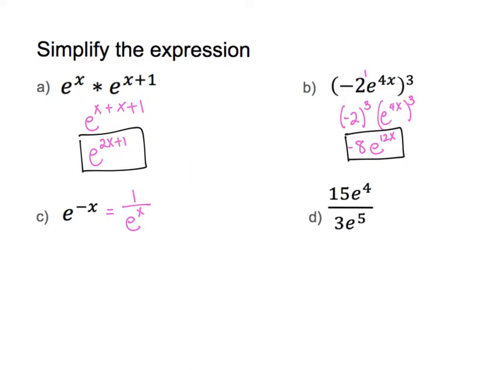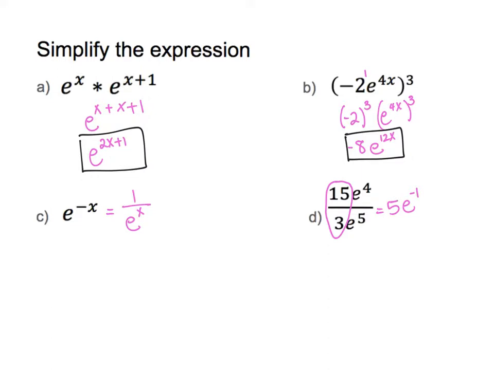Part D, here, we're dividing. So whenever we're dividing the same bases, we subtract the exponents. But let's take care of the numbers first. 15 divided by 3 gives me 5, right? So this equals 5. And then the e's, if I subtract 5 from 4, I get e to the negative 1. But remember, in part C, we can't have negative exponents.